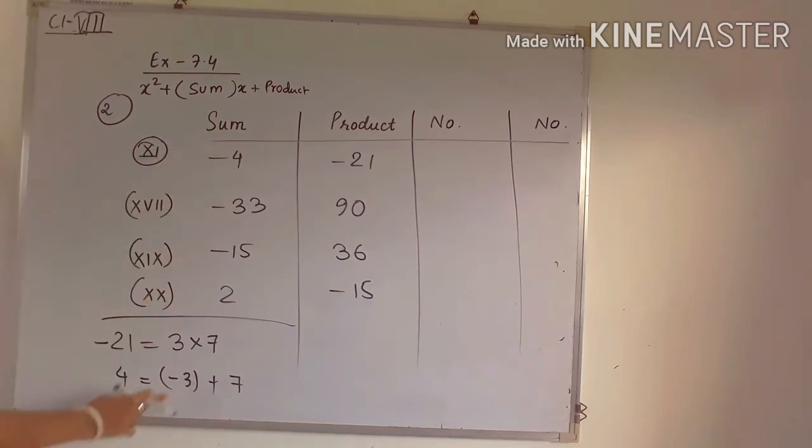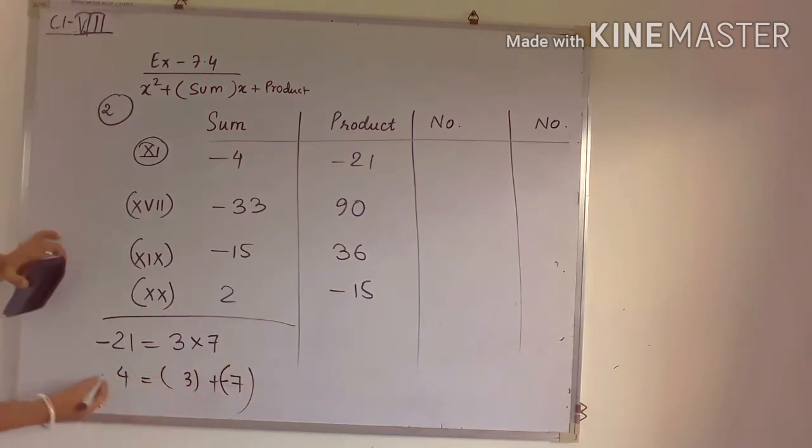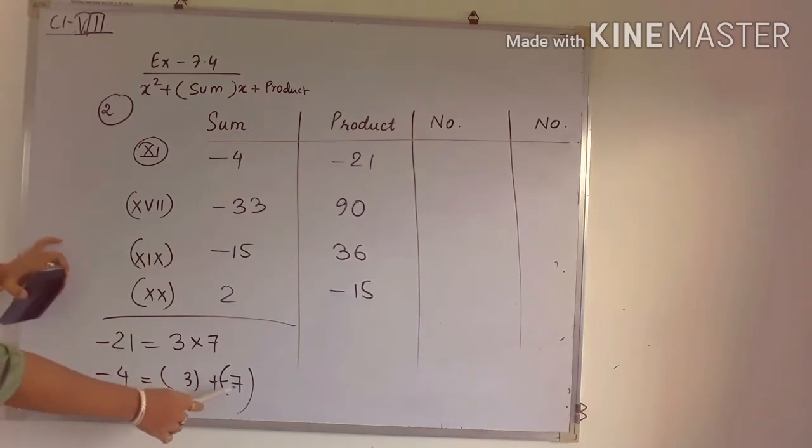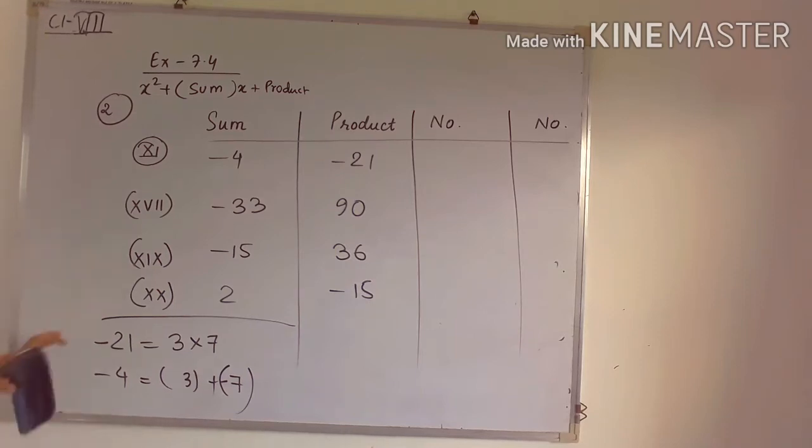So we cannot take minus before 3. We have to take minus before 7, so that after adding these two integers, we will get -4, because 7 is a bigger number. So if I put minus before 7, then the addition of these two integers will become what? -4. Okay, I think you got it now.